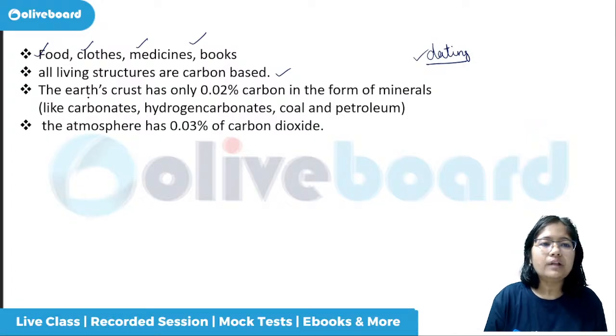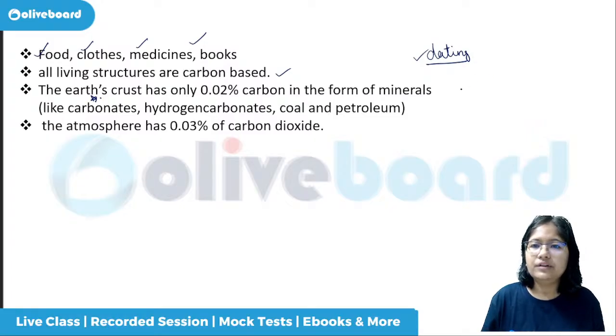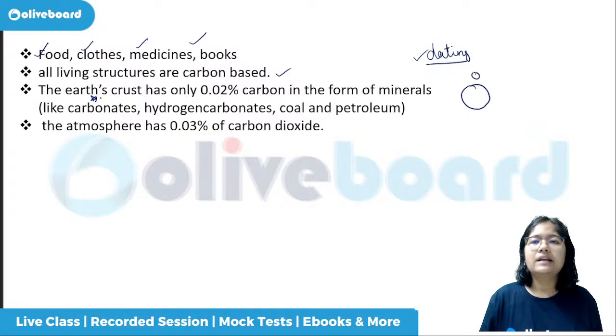Now the earth's crust. If we consider which is the most abundant material on the earth's crust, then our answer is oxygen. Oxygen is the most abundant material on the earth's crust. But what about carbon? How much carbon is there?